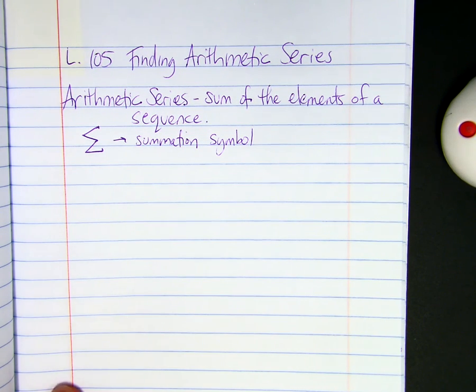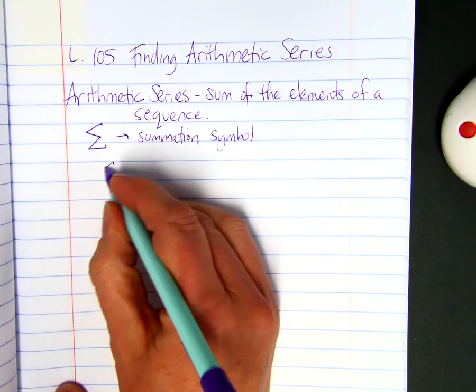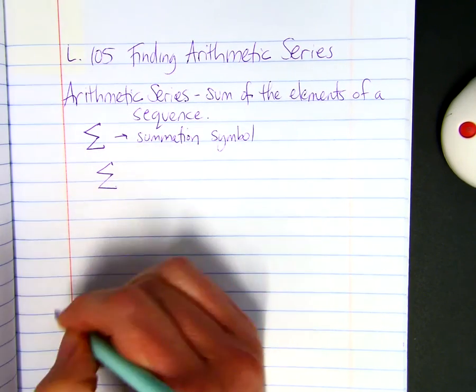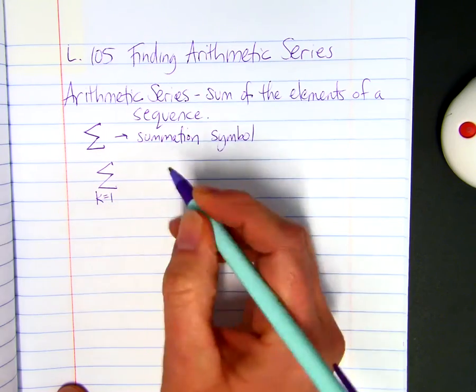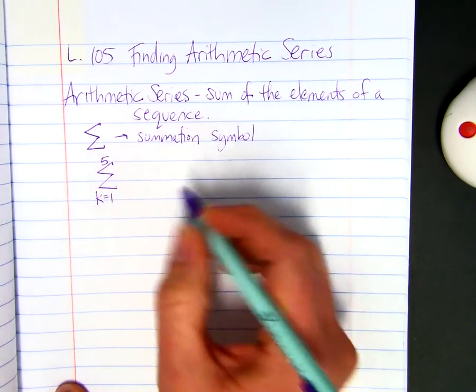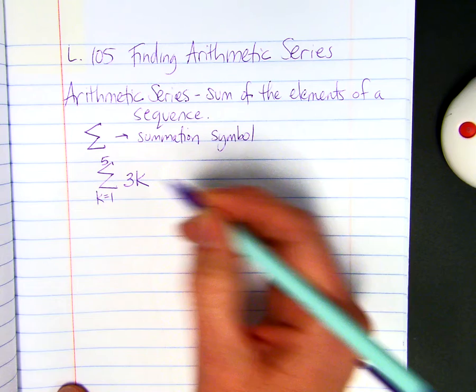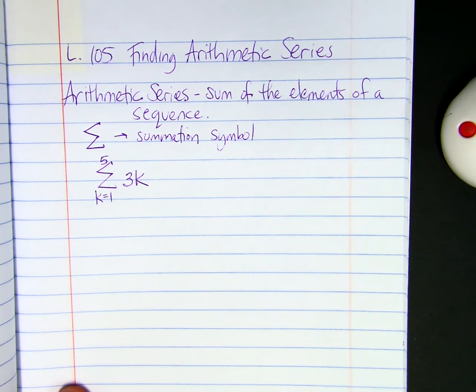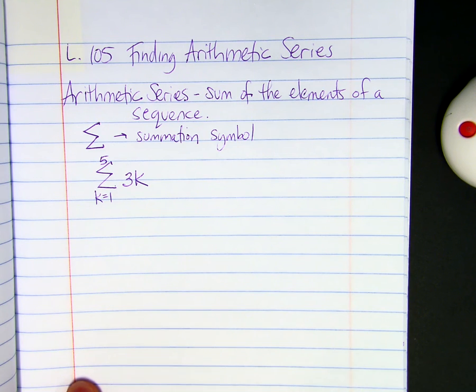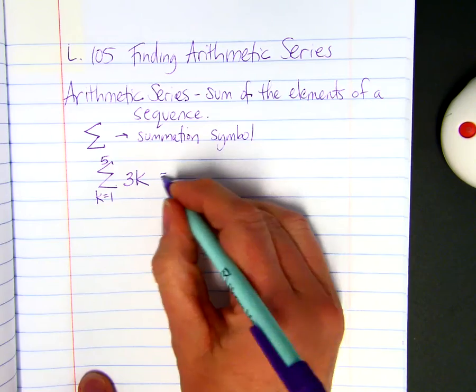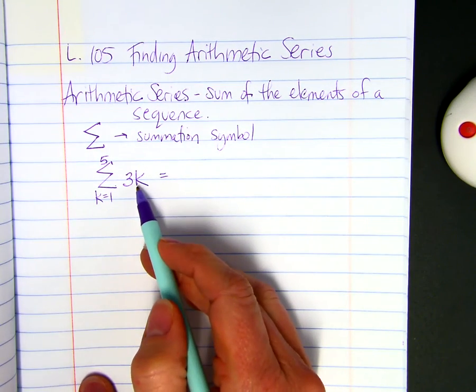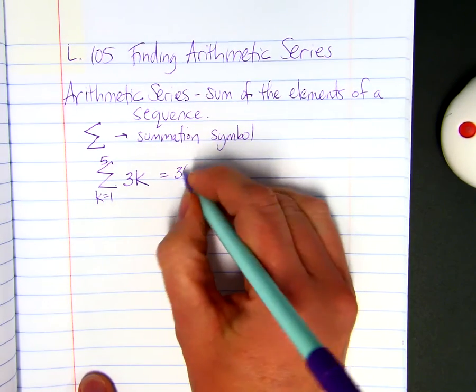I'm going to show you an example of a summation so you can see what it means. The summation of 3k as k goes from 1 to 5. All that means is you're adding each term together. You start with k equals 1, so you do 3 times 1.